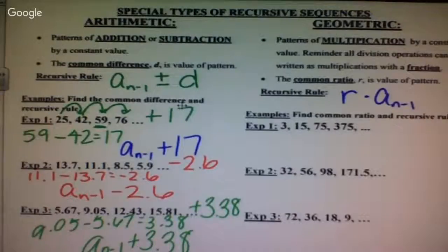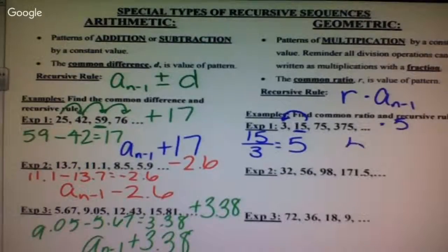Okay. So example 1, what am I multiplying by? 5. Okay. Just like addition and subtraction, I can find that if I can't see it. So if I take 15 and I divide by the number that comes before it, that gives me my R value. So if you're not good at finding that pattern, you can find it.